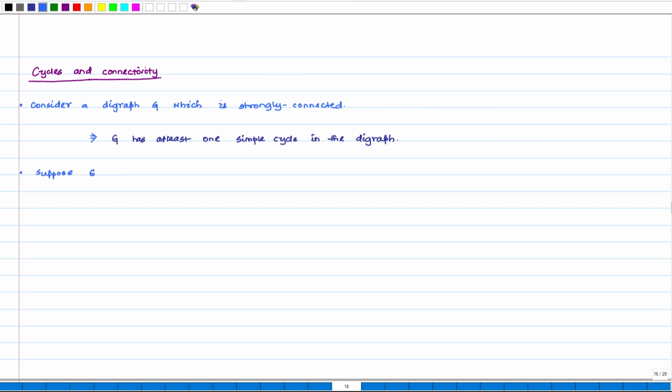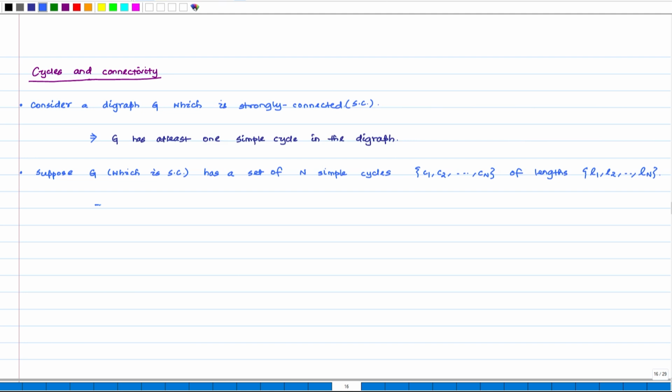Suppose G, which is strongly connected, has a set of n simple cycles C1 up to Cn of lengths L1 to Ln.